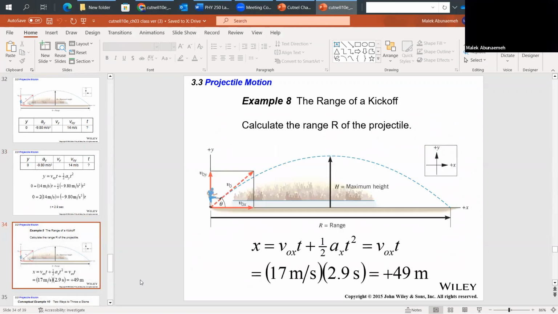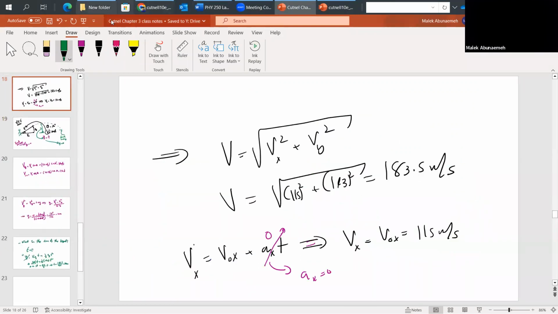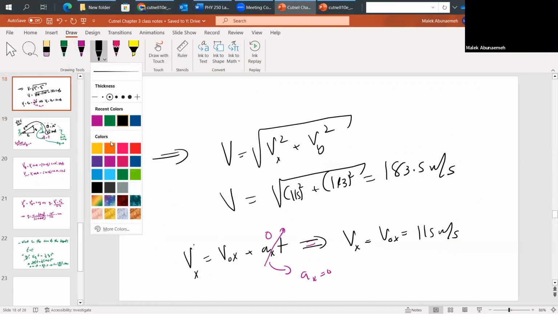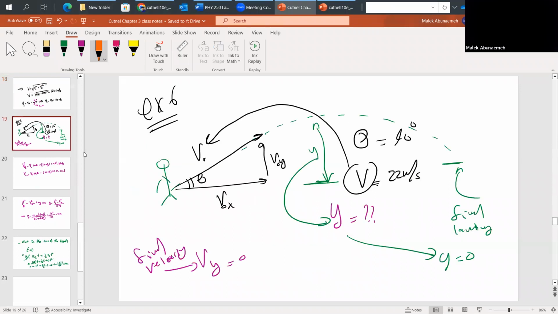Now here we have another question. Calculate the range of the projectile, the distance that it went. So we kicked the ball and it went a total distance. So here's the final position.